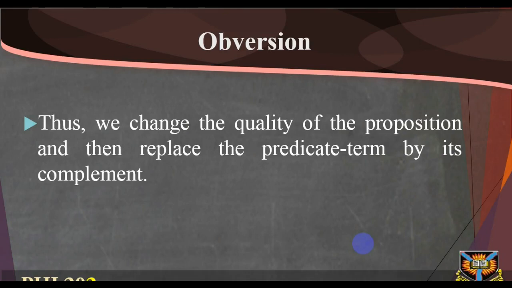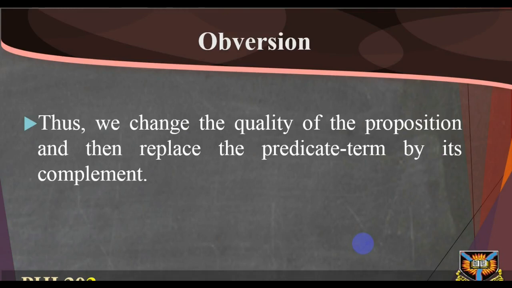Contrapositive. To obtain the contrapositive of a given proposition, we replace its subject term by the complement of its predicate term and replace its predicate term by the complement of its subject term. The contrapositive of the four categorical propositions will proceed as follows.